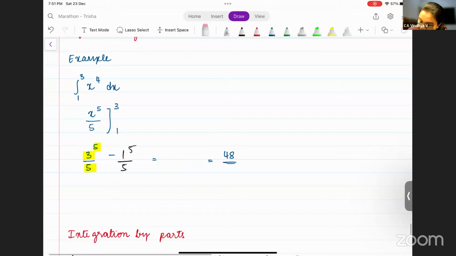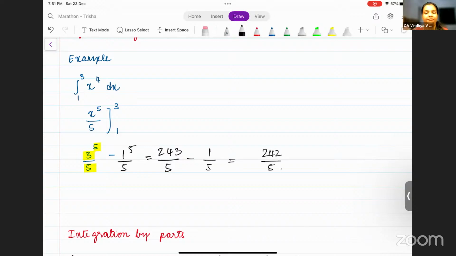Correct? Yes. So here you get, sorry, 3 to the power 5 is 243. 243 by 5 minus 1 by 5, which is 242 by 5.